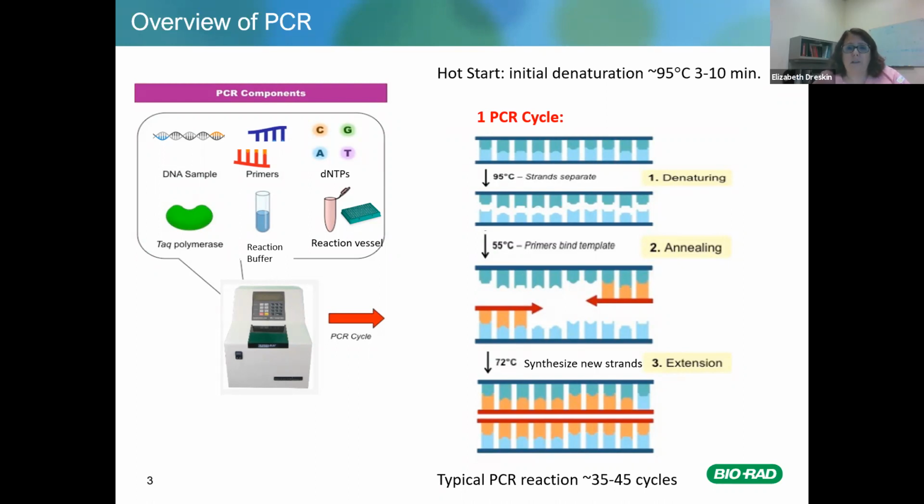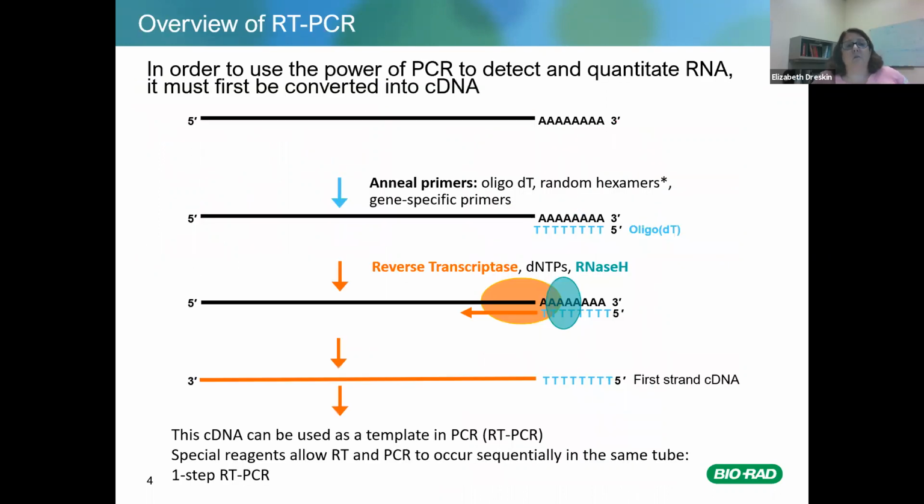Most of the PCR that I do combines steps 2 and 3 into an anneal-extend step. A lot of the reagents available today work perfectly well at the annealing temperature to do the extension. They're very fast. A typical PCR reaction is 35 to 45 cycles.